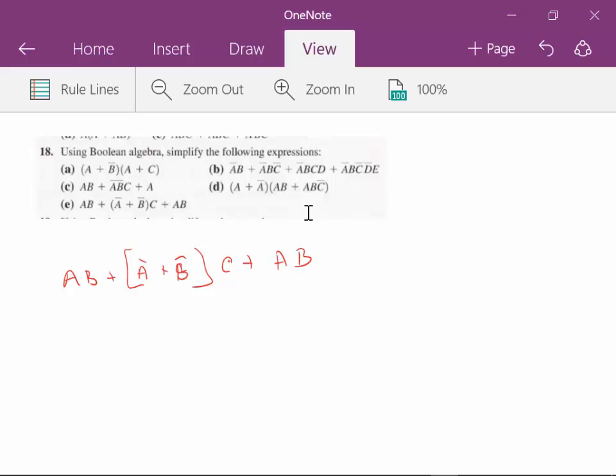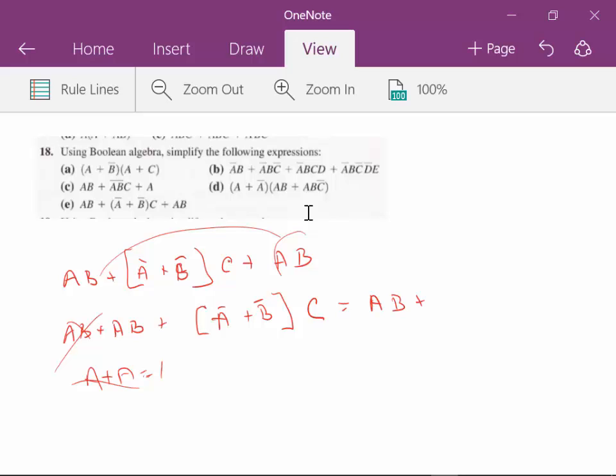Now, first thing I'm going to do is look at this and realize that AB plus AB plus (A naught plus B naught) times C is equal to, one of these can disappear. That comes back to A plus A is equal to A. That's the rule. I just moved this over to the front there. So that is going to be equal to AB plus (A naught plus B naught) C, right?